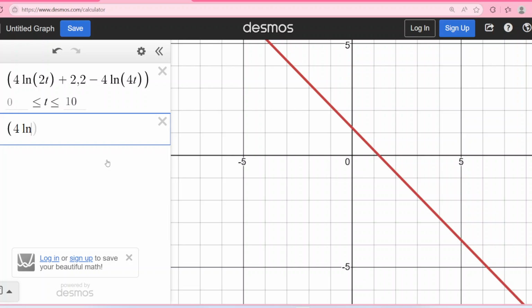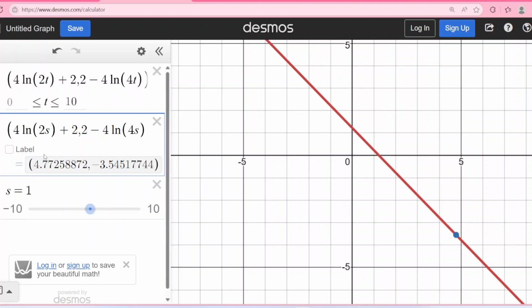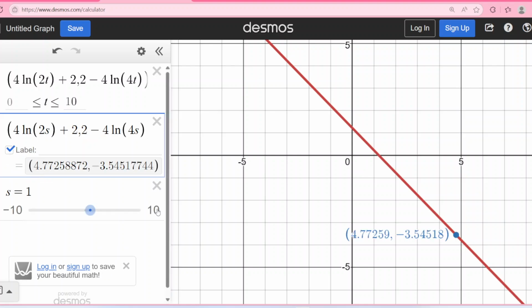So instead of the x-coordinate being 4 times the natural log of 2t, I'm going to call it 2s, and then plus 2, comma, and then 2 minus 4 times the natural log of 4s. So s is replacing t here. I'll add a slider for s and label. All right, so you see when s equals 1, we're at this point. Again, not a nice whole number point or anything.